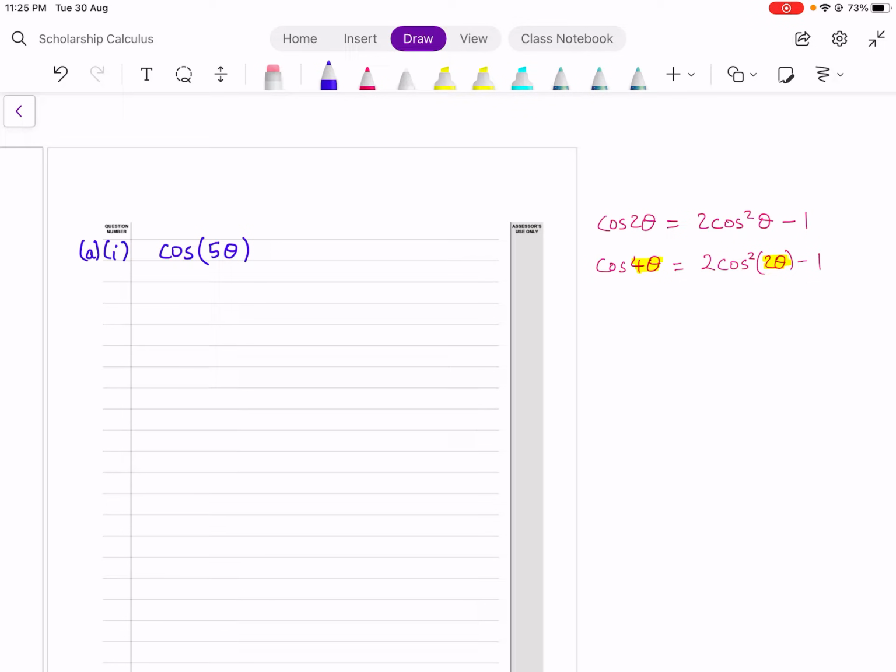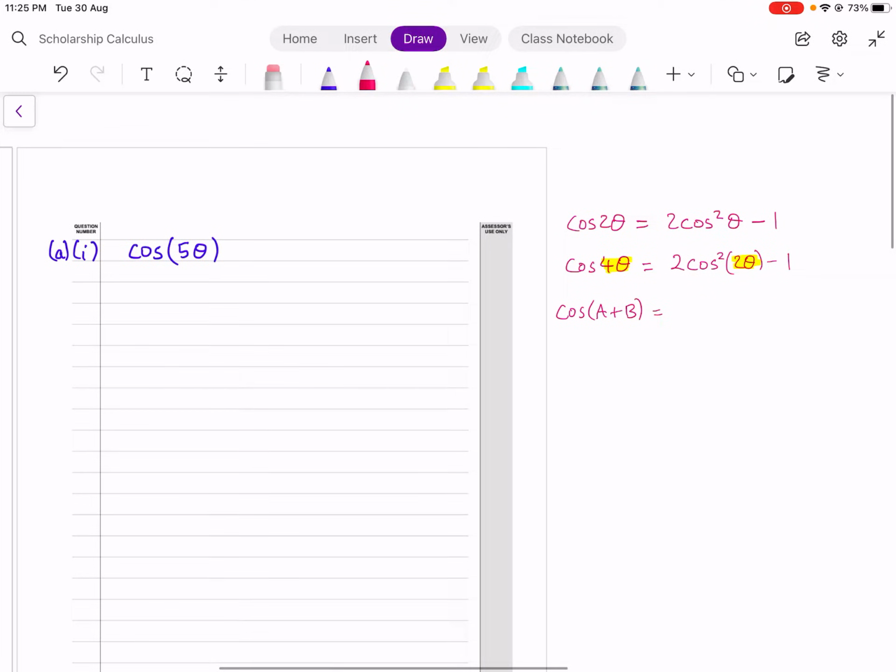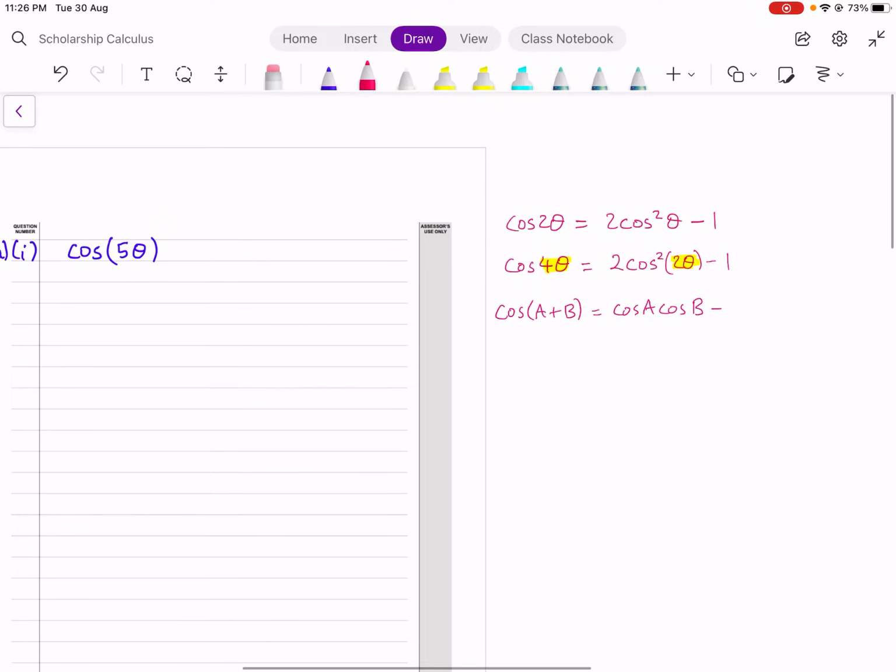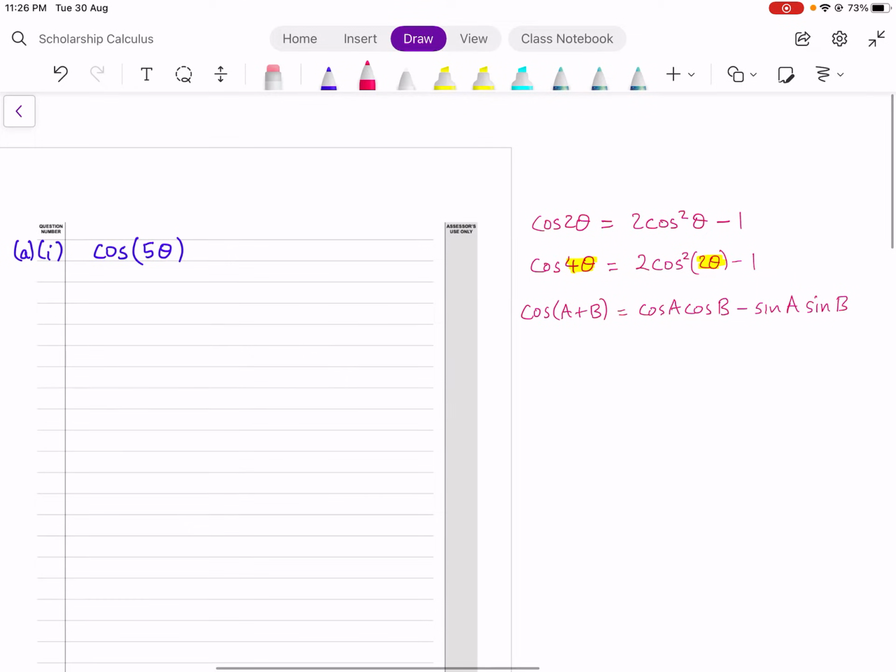And there's also cos of a plus b, the compound angle formula. This is the one that we use to start this problem off, because 5 is obviously not an even number. So we say, let that equal cos of 4 theta plus theta.